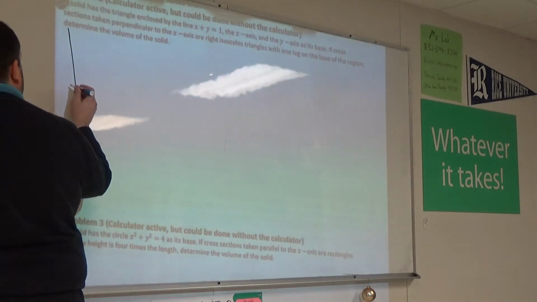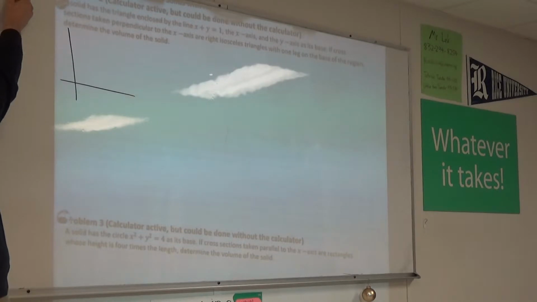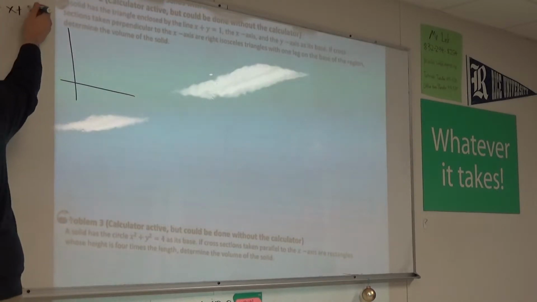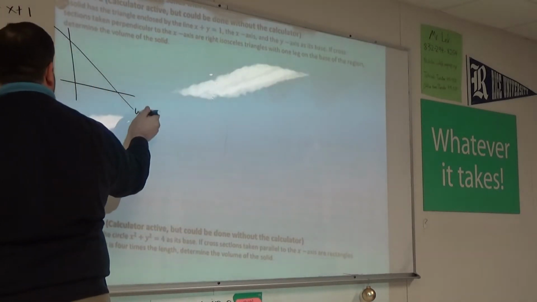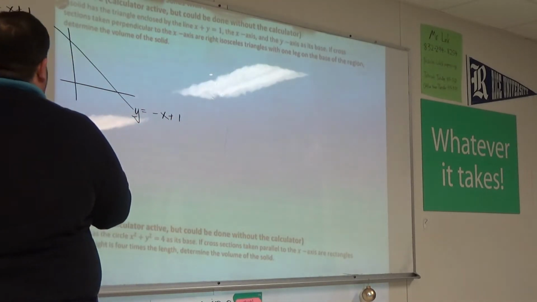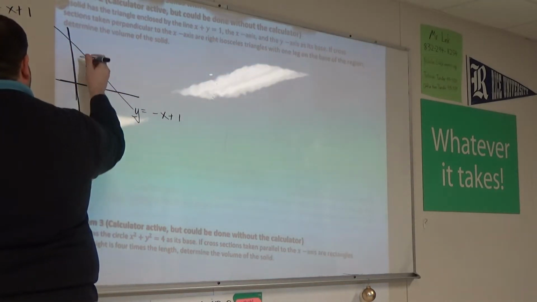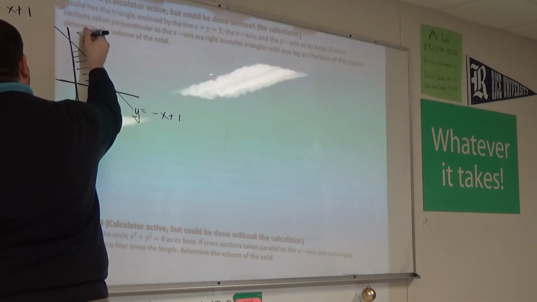Solid as the triangle enclosed by the line x plus y equals 1. Maybe it's easier to rewrite this as y equals negative x plus 1. The x-axis, y-axis, the base.